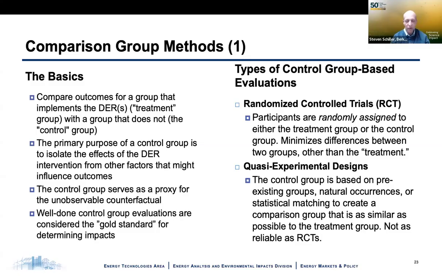And basically that means that your control group is selected in a different manner that is trying to get as close as possible to random assignment, but isn't able to quite do that because of various situations that are occurring. And so you might have a control group that's based on those who have not installed the measures yet, but are going to be installing it next year.